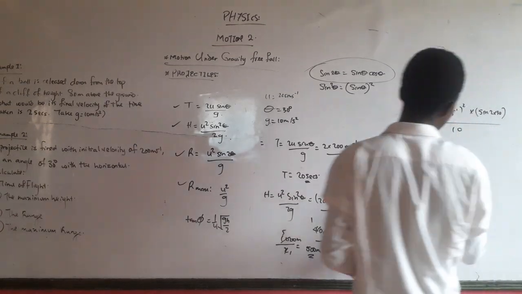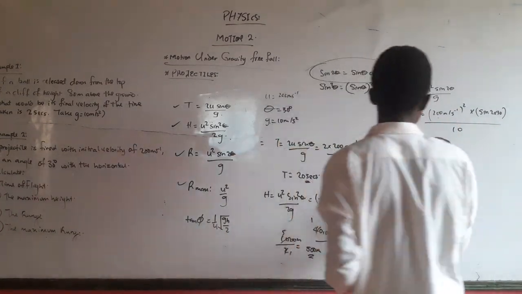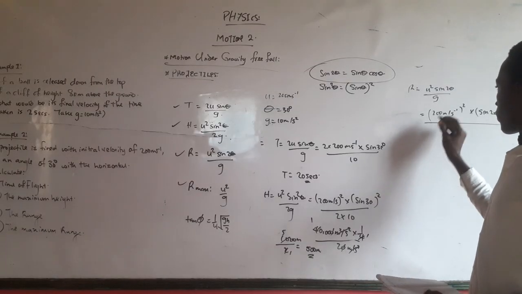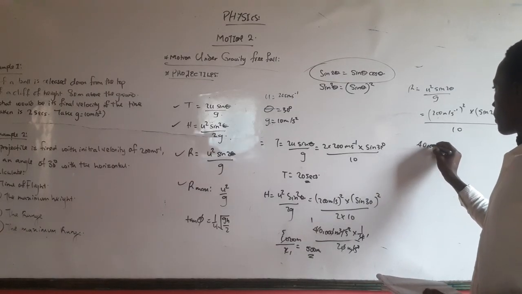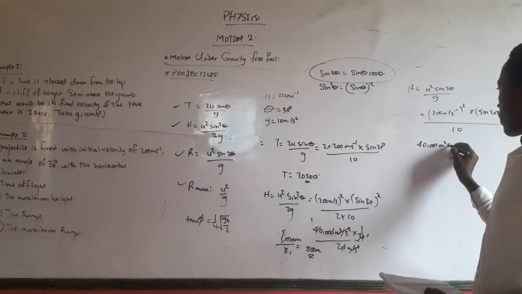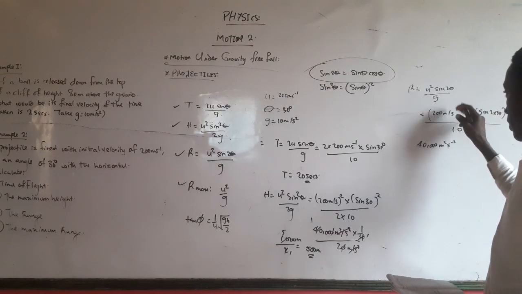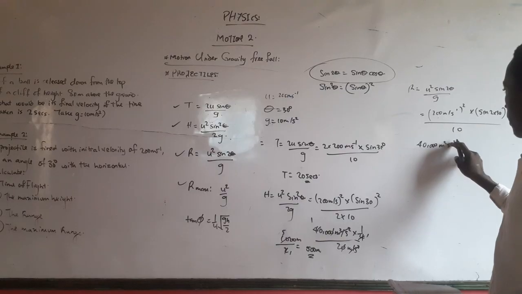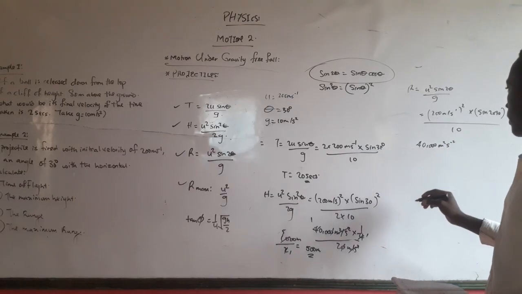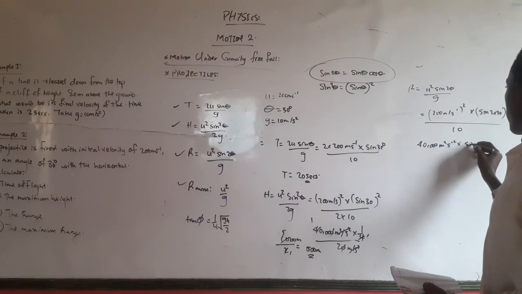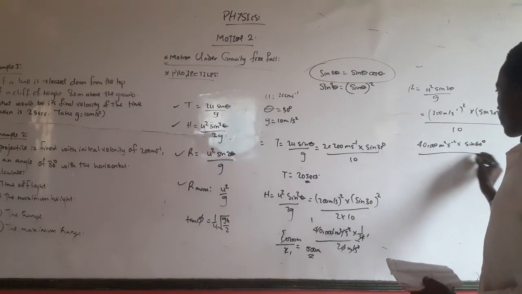So we have 200 squared, which is the same as 40,000 meters squared per second squared. Then multiply by sine 60 degrees, everything divided by 10.